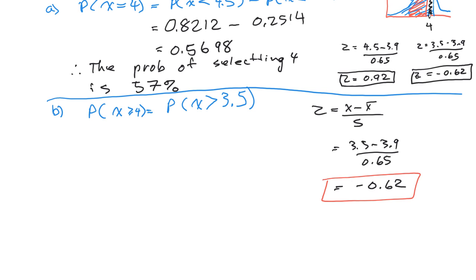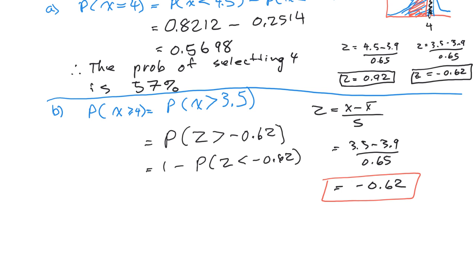So now this problem turns into the probability of Z being greater than negative 0.62, which means we have 1 minus the probability of Z being less than negative 0.62. And we do the rest of our calculation.